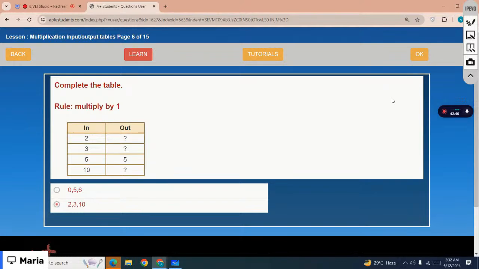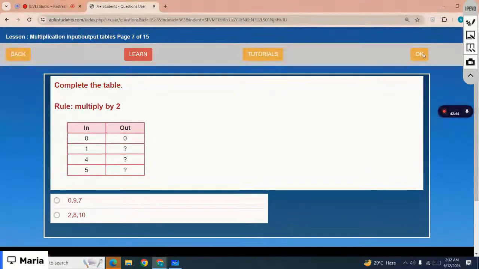That is 2, 3, and 10. Option number 2 is the correct option. The correct option is 2, 8, and 10.